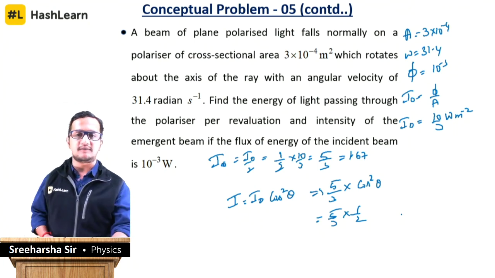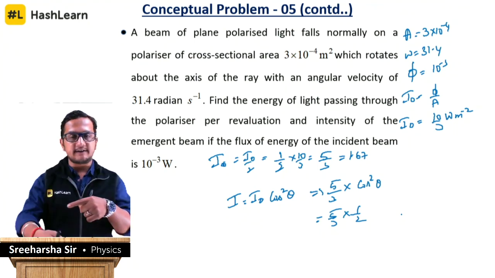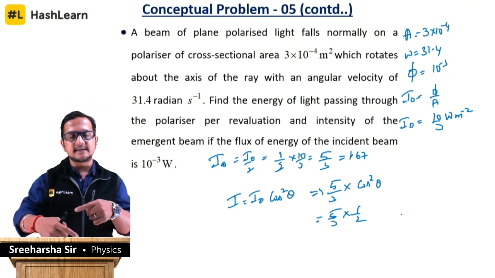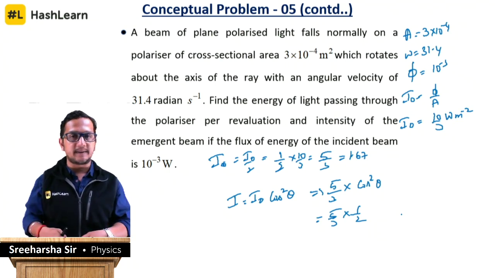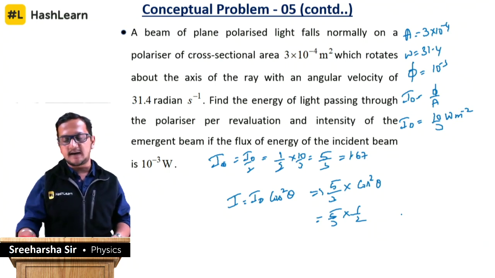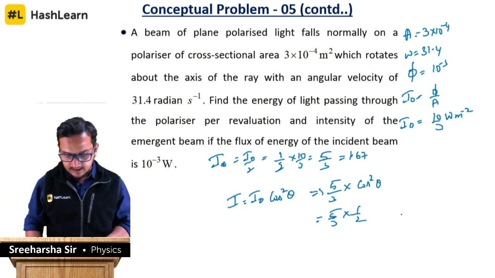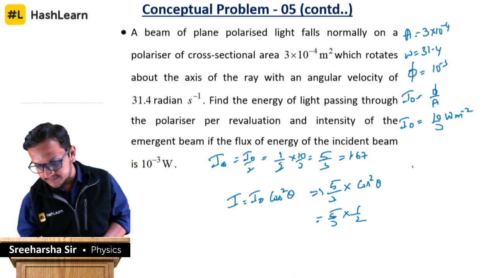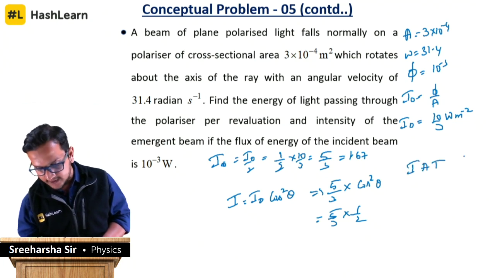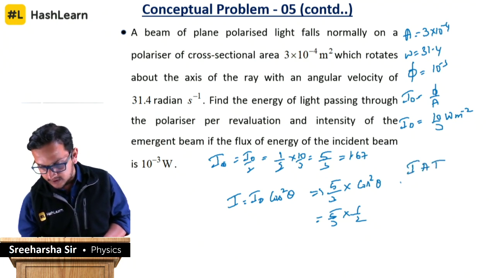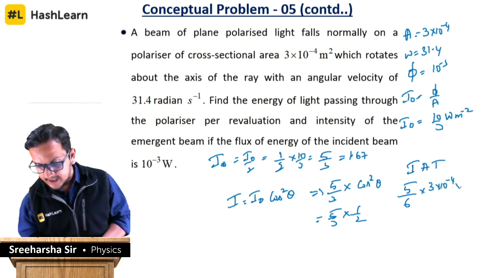So cos square is half because it is taking 31 by 4. If you take the circumference of the circle and calculate the time taken, cos square theta with theta equal to 60 degrees is equal to half. So from this the energy transmitted is I into A into T, which is I average, we have calculated as around 5 by 6, into area 3 into 10 power minus 4, and the time period is 2 pi by omega.